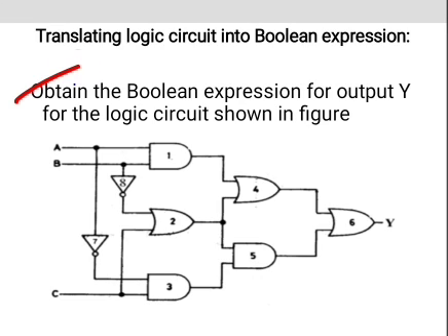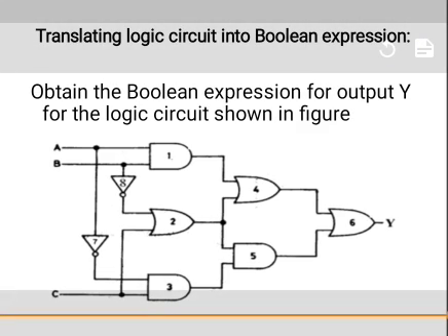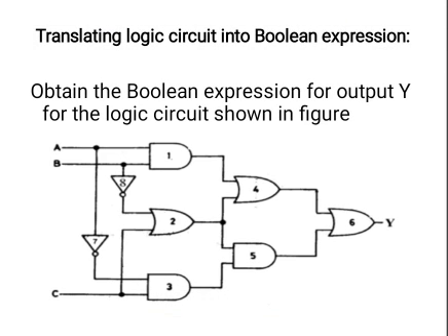So next, obtain the Boolean expression for output Y for the logic circuit as shown in the figure. Observe the output of gate 7. The input is A. What about the output?